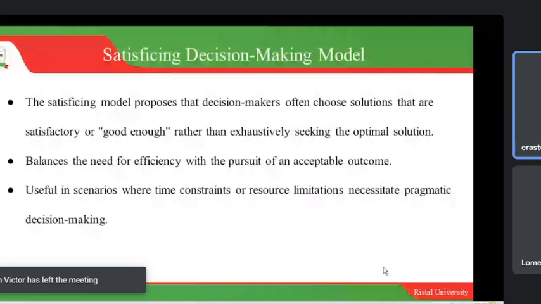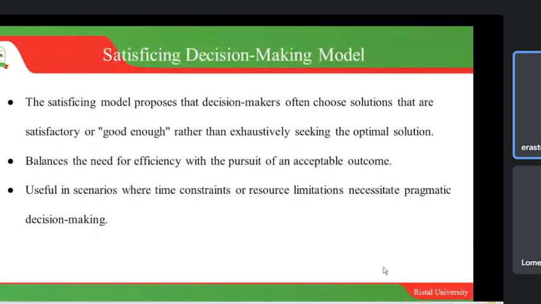We also have what we call the satisficing decision making model. And when we are using this model, it simply proposes that decision makers often choose solutions that are satisfactory and good enough. So this one is guided by the question: is the decision that we are going to make satisfactory? Is it good enough?